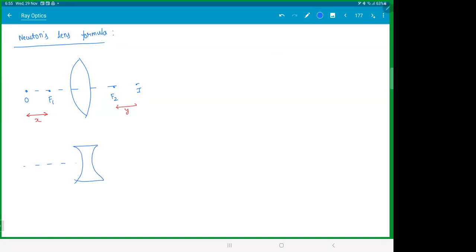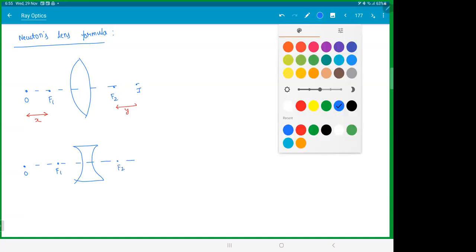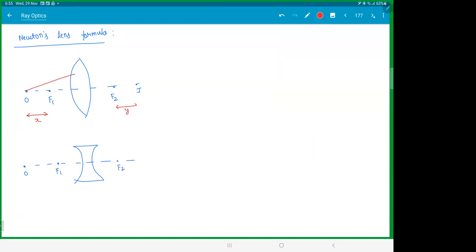In case of a biconvex, biconcave lens, remember in this case, image actually forms behind. So this would be x, this would be y. So be careful here.